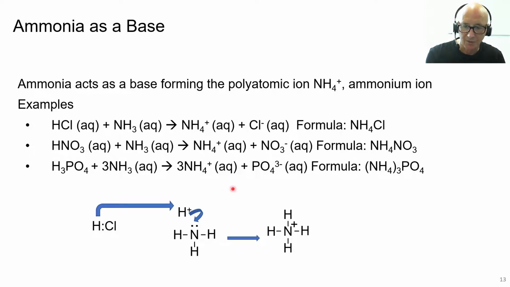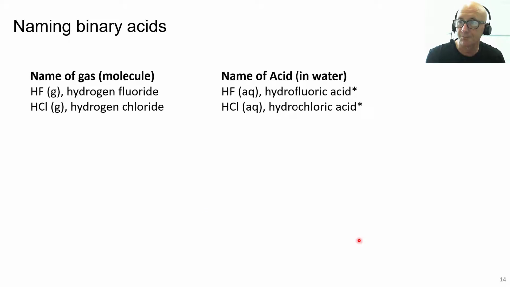So you end up with a covalent bond, but of course, because this was H+, this becomes a positively charged polyatomic ion. And of course, what's left over is Cl- there. In this case, I actually drew the dot in, indicating that hydrogen had left behind its electron.